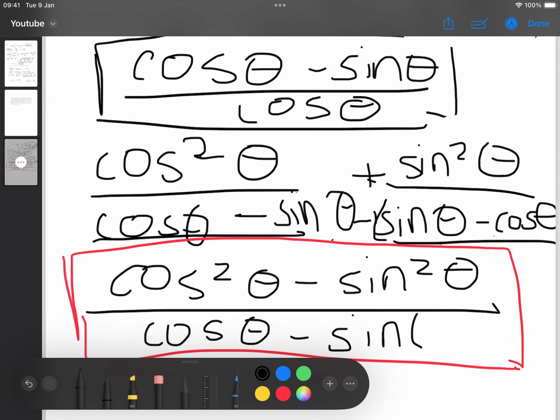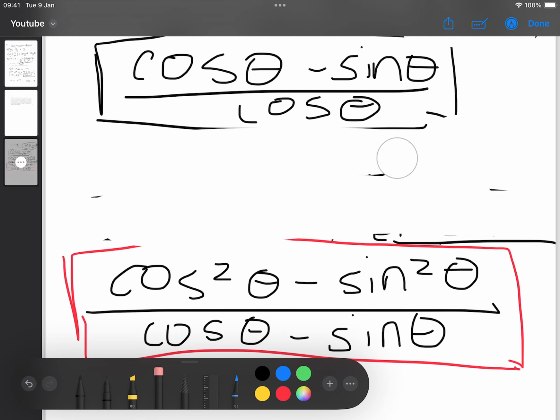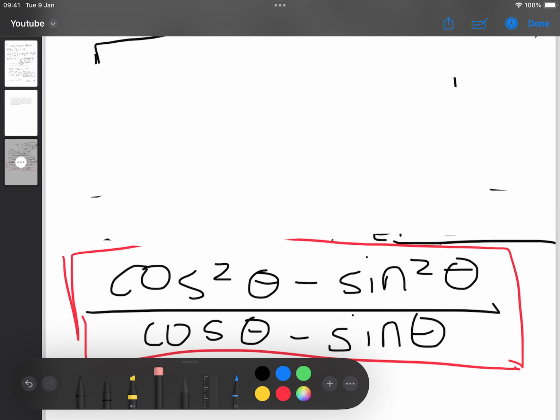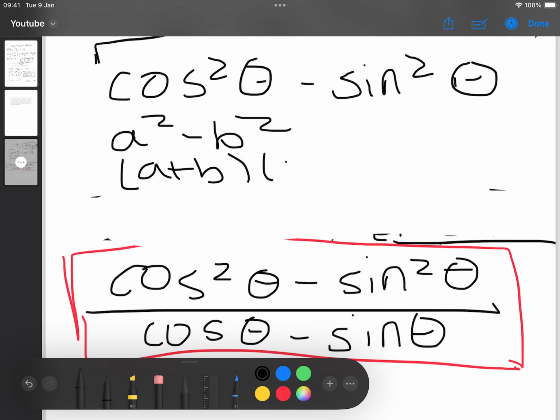Now here we can see that we have a difference of squares. Let me just get rid of this at the top so you guys can see. So we'll just have cosine square theta minus sine square theta, where cosine theta is equal to a and sine theta is equal to b. So a square minus b square is just a plus b times a minus b.